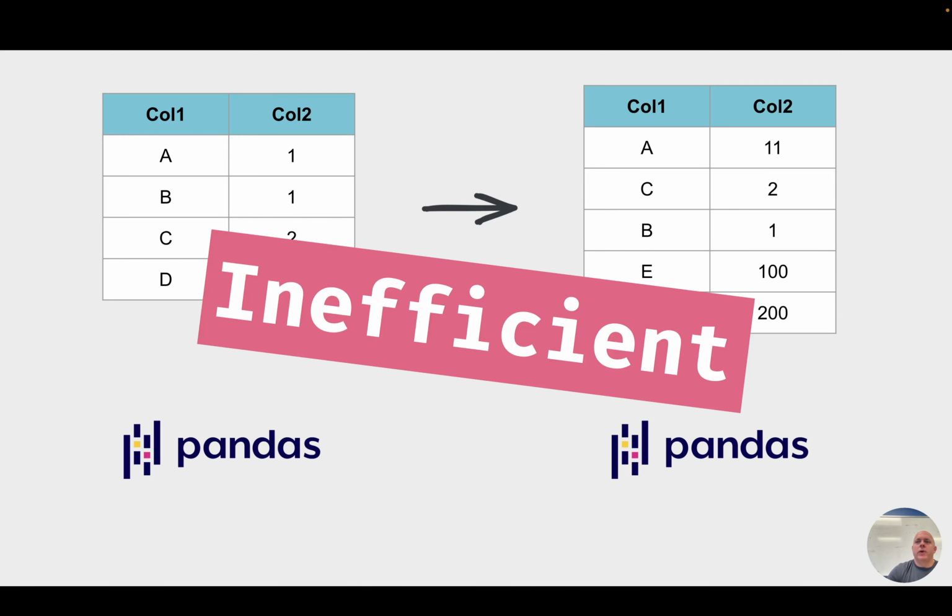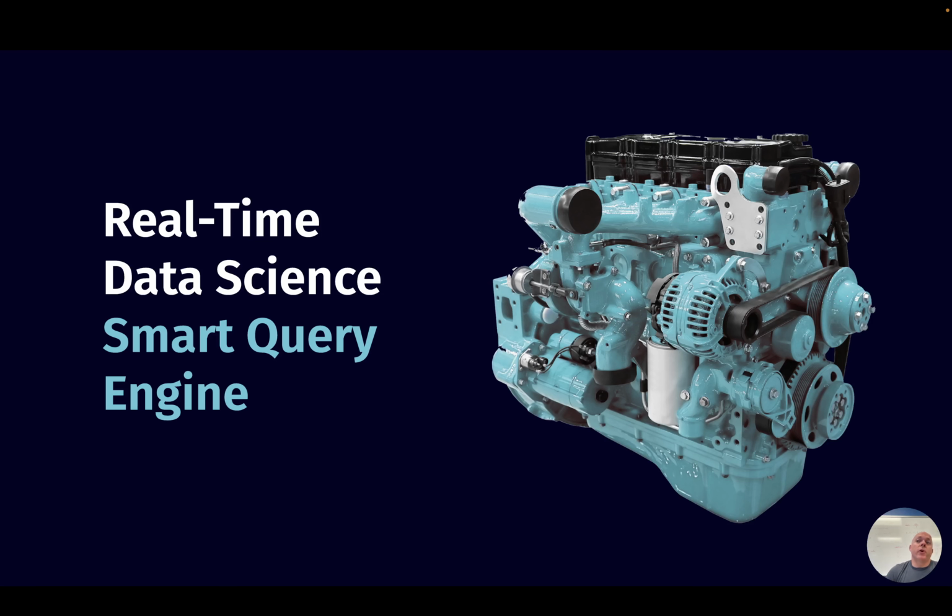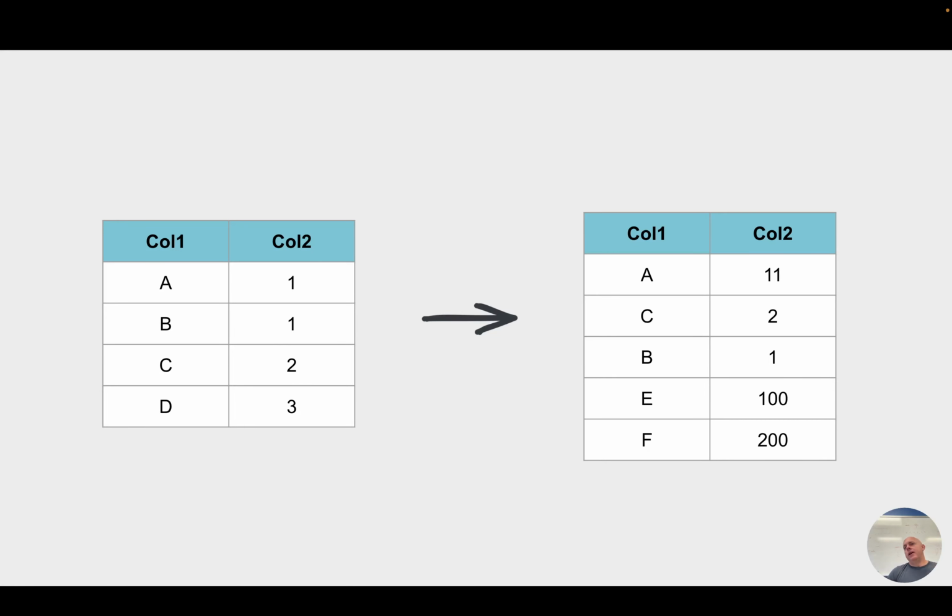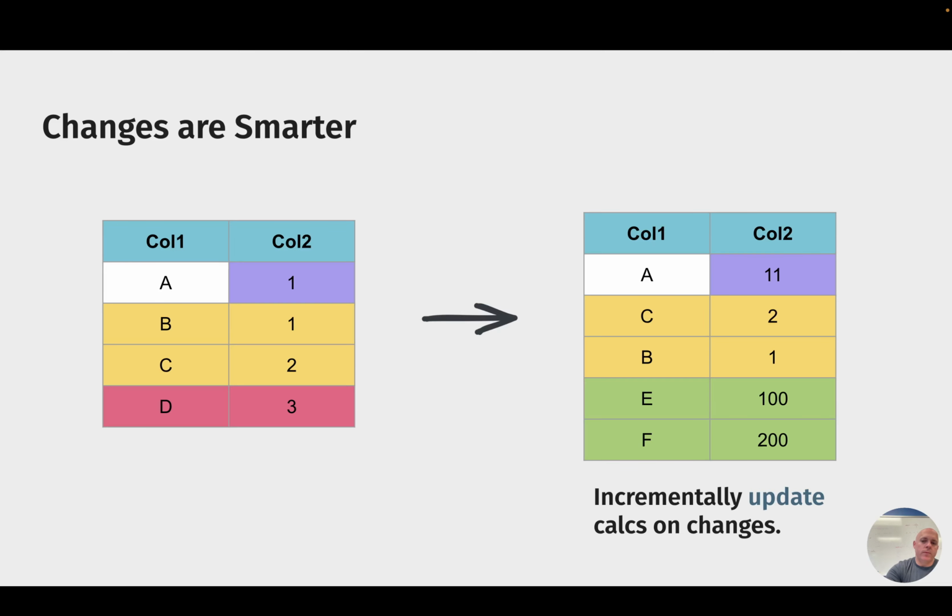Treating the data this way can be very inefficient if you're recomputing everything, and so that brings us to smart query engines for real time. In real time, we have this changing data, and if you have a smart query engine, instead of looking at entire snapshots of data, you can look at changes in data and then incrementally update calculations based on these changes.